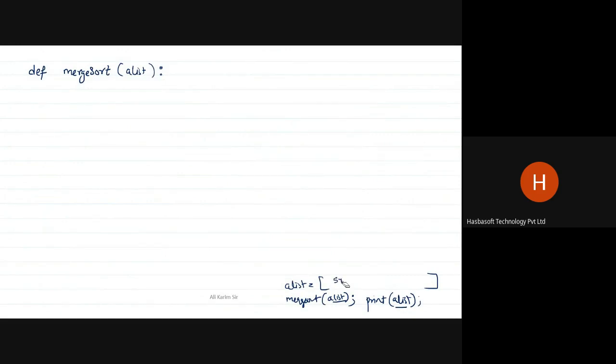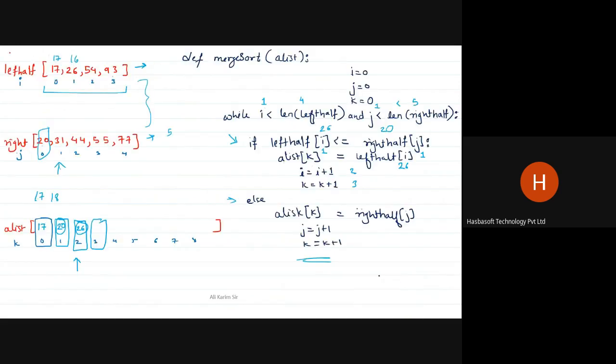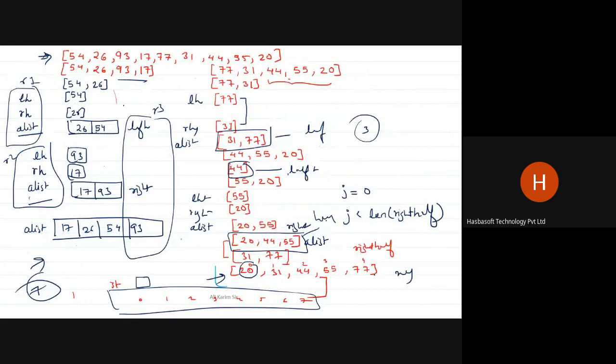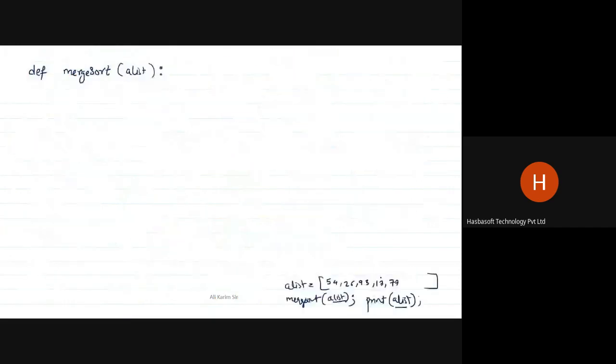So if that is the case, I don't have the big one. Suppose what we were having was 54, 26, 93, 17, 77, and 51. So instead of this, my list is actually this much only, 54. Only one value.